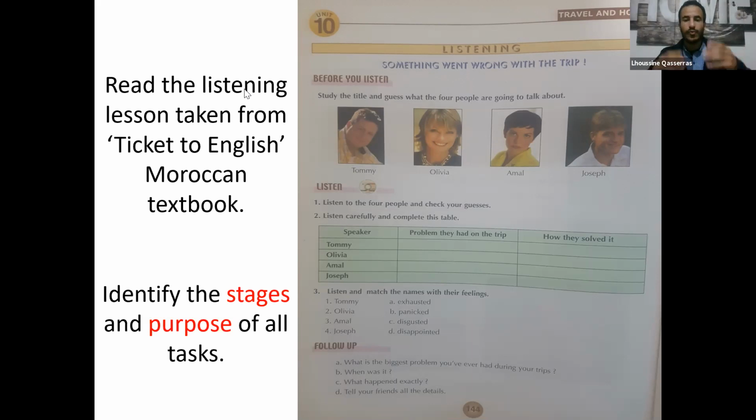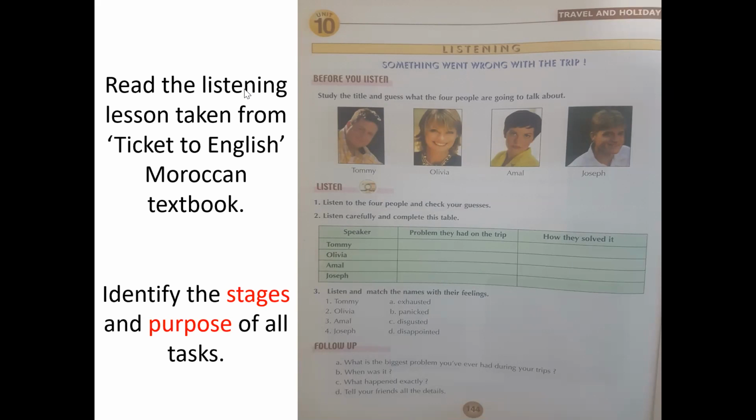Bad. Wrong is an adjective, something not good. Can you repeat? Wrong. Wrong. Good. Great job.